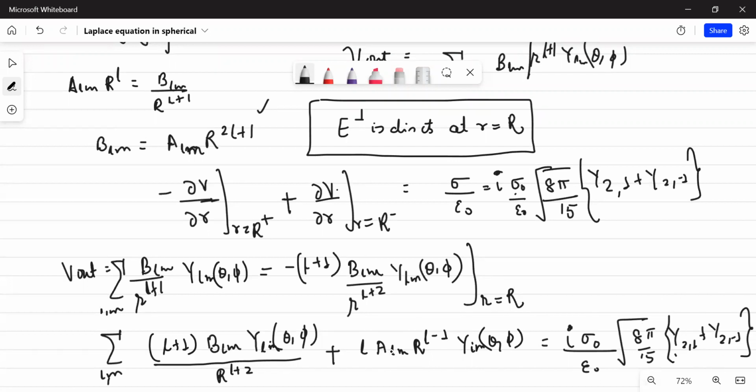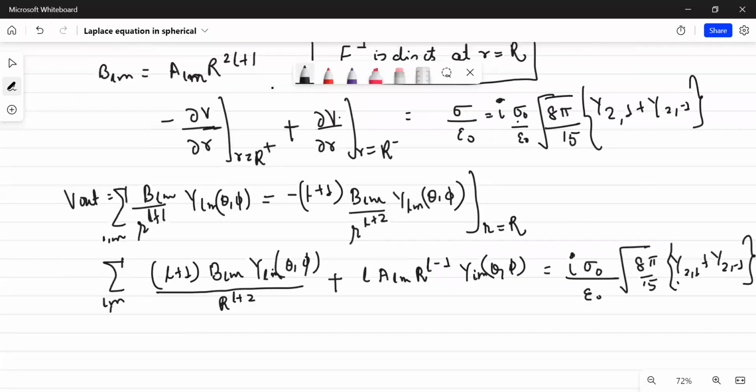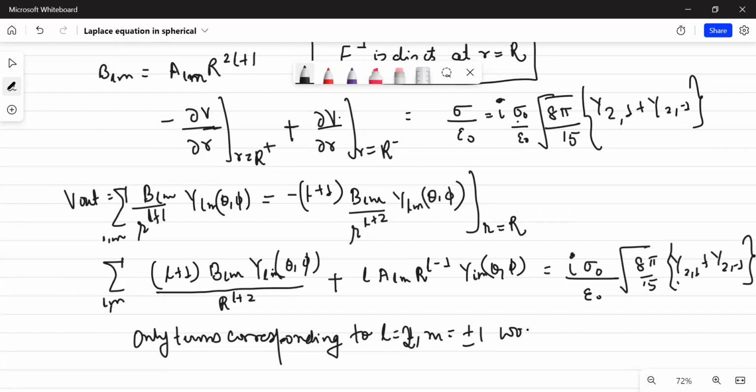So all other ALMs and BLMs will be 0. So I would write only terms corresponding to L equals 1 and L equals 2 and M equals plus minus 1 would survive.